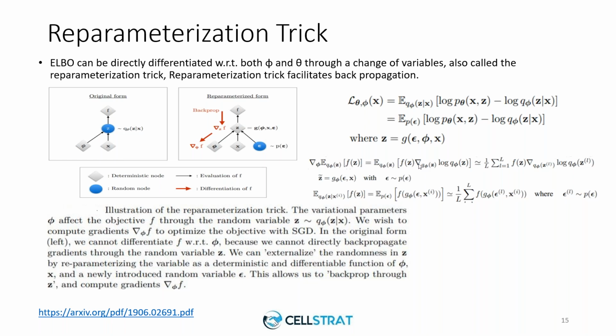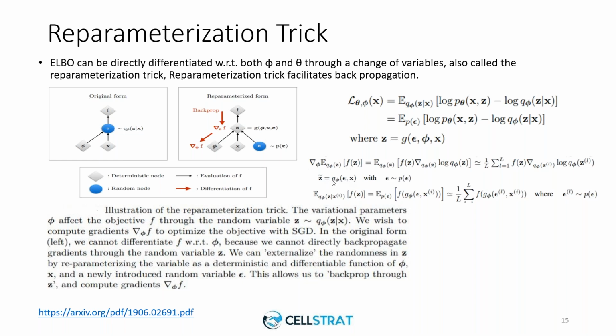How this could be addressed is: we have the function f of z over here. z can be assigned a value through a differentiable transformation. So we can put epsilon and x over here, where epsilon comes from a normal distribution.